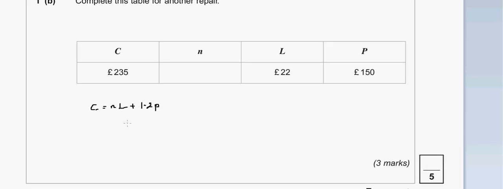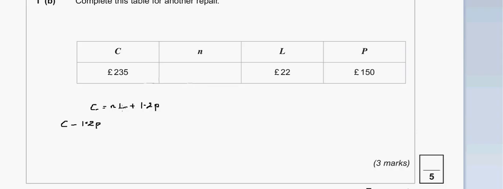Now we want to find N. So the first thing I want to do is, N is positive, so I want to move this over to the other side. So I arrange the formula first. So we will get C, now if this comes over, it will be minus 1.2P. And then we've got N multiplied by L.